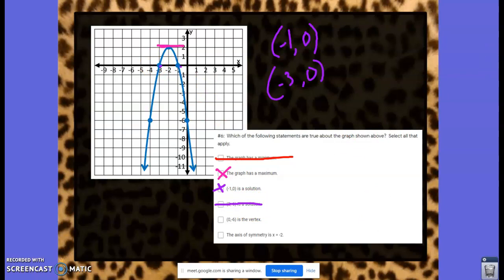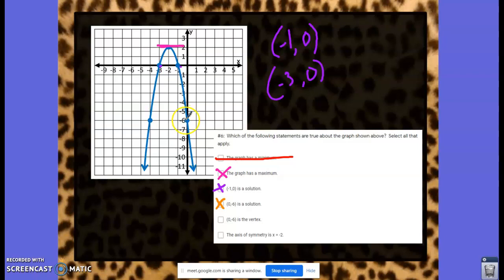The axis of symmetry, actually, I am incorrect. A solution is where it falls on the line, and since 0, -6 is on the line, that too is a correct answer. If it had said a zero or a root, it would have to be on the x-axis. But a solution is every point on the line. So your y-intercept does count. My apologies.